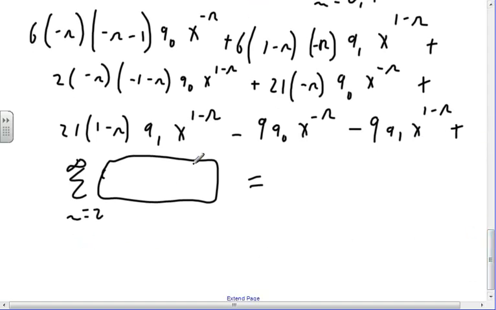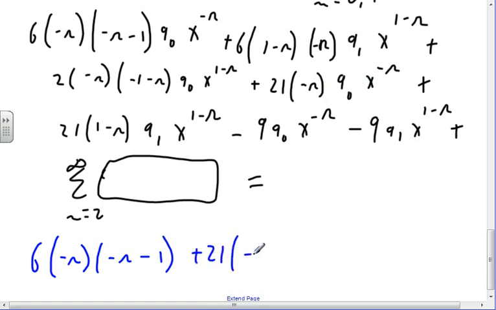And the x to the minus r terms all have an a0 in them, right? So I have 6r times r minus 1 plus 21 minus r minus 9 has to be 0. I don't have a choice. All the x to the minus r terms, their coefficients have to be 0.